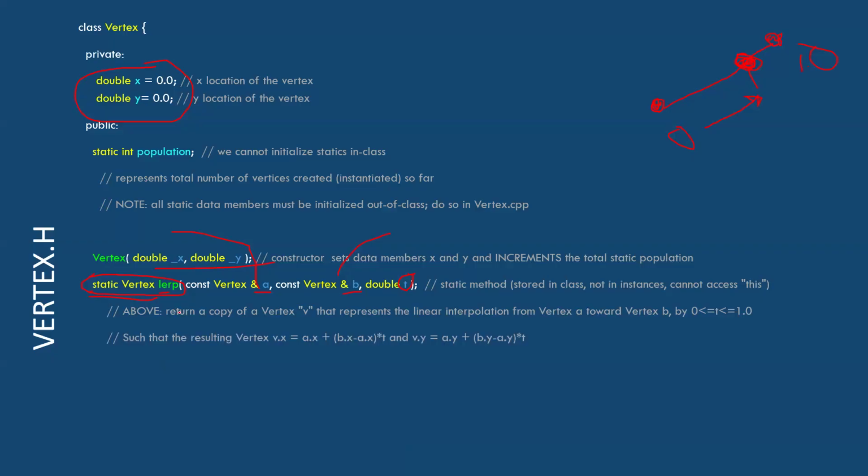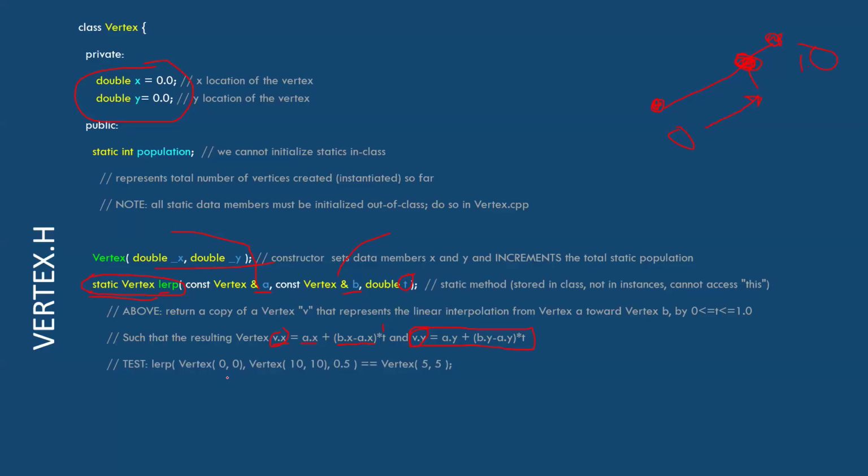Okay, so the math for this is not intimidating. The X for our new vertex is the AX plus the BX minus the AX, times T. Same thing for the Y coordinate. Nice little orthogonal math in the XY plane. That's going to give us our new vertex that we return, right? So we're going to have to remember how we do that in C++.